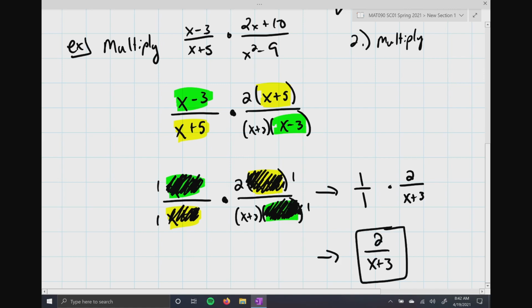And there's our answer right there. So if you remember how to multiply fractions using the prime factorization method, you already know how to do this as well. All you're going to do is factor everything first. Okay? Are there any questions with that?